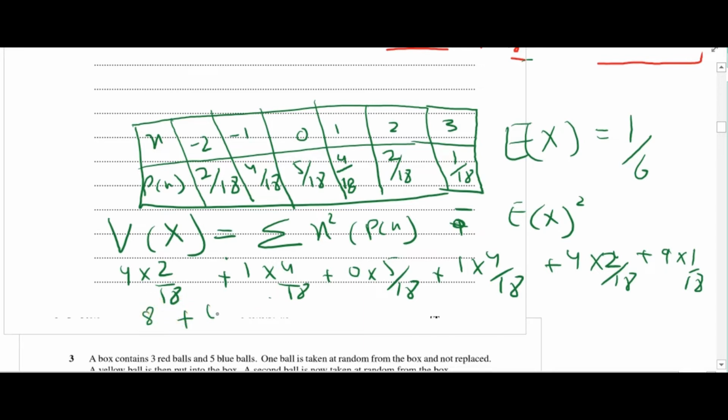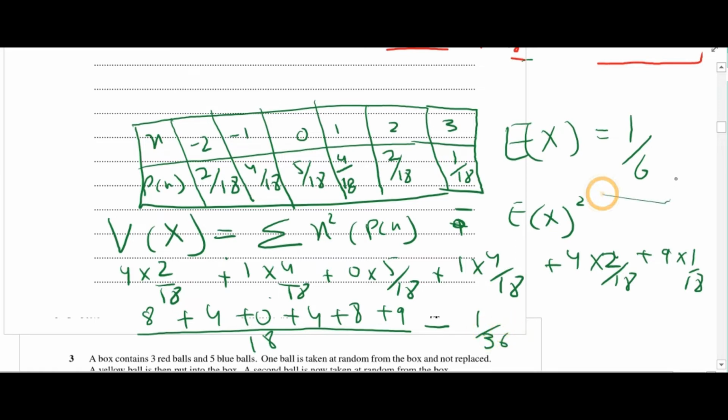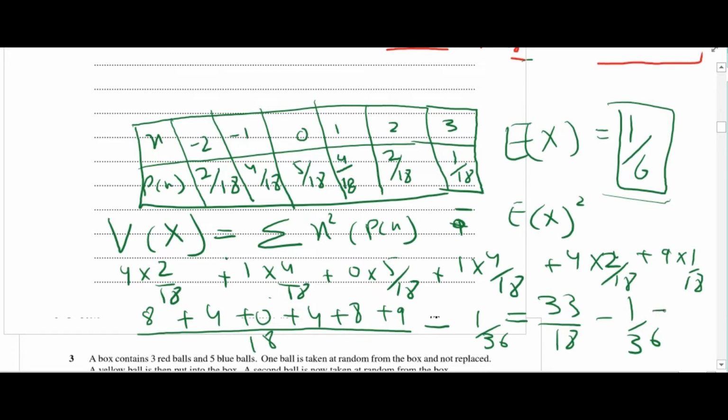Got it? So it becomes 8 plus 4 plus 0 plus 4 plus 8 plus 9 divided by 18, minus 1 by 36, because our expected value was 1 over 6, and when we square 1 by 6, it becomes 1 over 36. So this becomes 33 by 18 minus 1 by 36, which becomes 65 by 36.